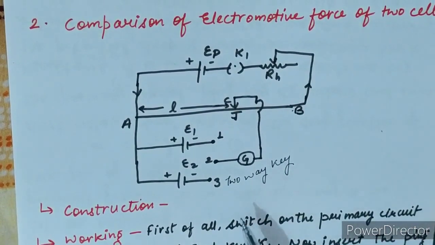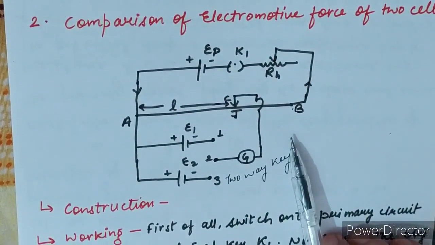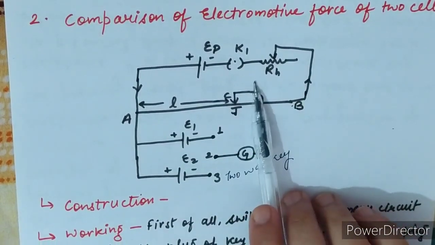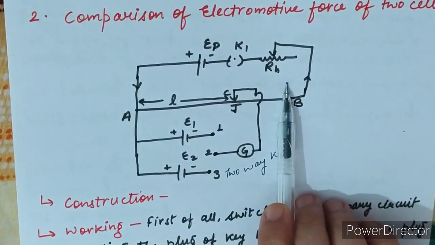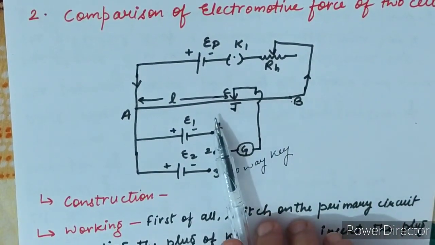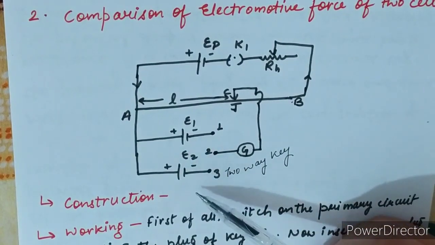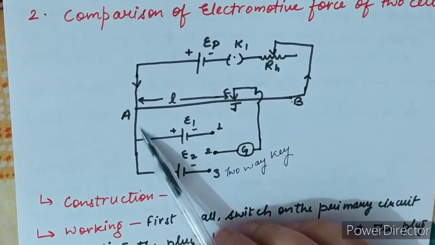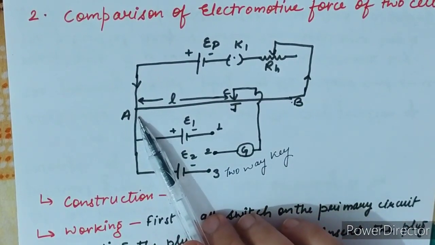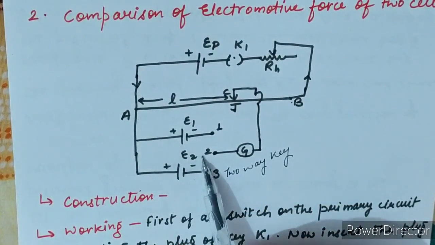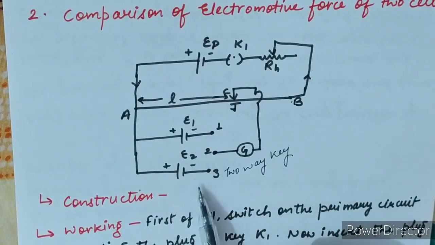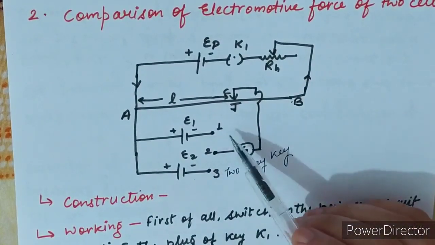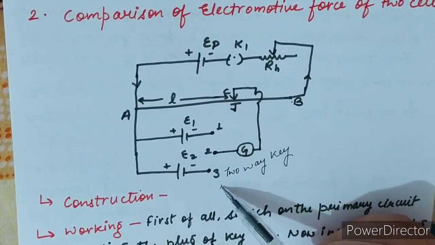So in this, the primary circuit is made the same as usual. The positive terminals of both the cells whose EMFs are to be compared are connected to the higher potential end, that is A, of the potentiometer wire. The negative terminals of these cells are connected to terminals 1 and 3 of a two-way key.